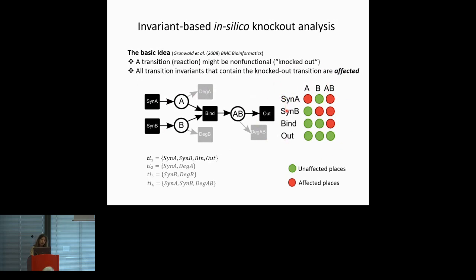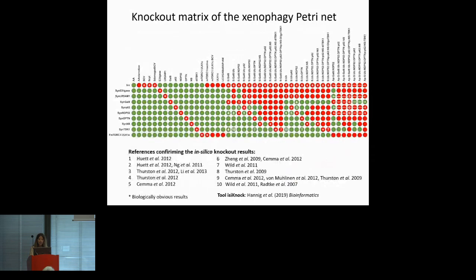Here we have the transitions to be knocked out, and here we have the places. And that is a very easy example. And you see if we knock out the synthesis A transition, then A cannot be produced anymore, and also AB not, but B can be produced. So, we color coded it green for the unaffected places and red for the affected places.